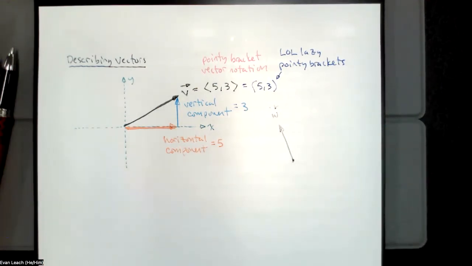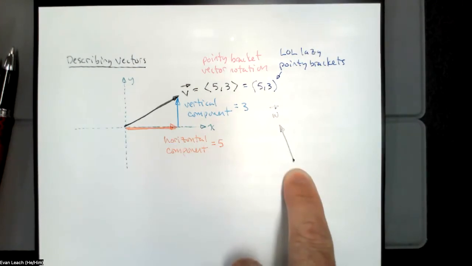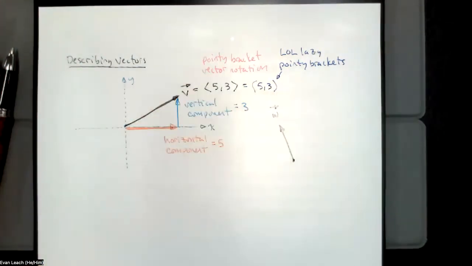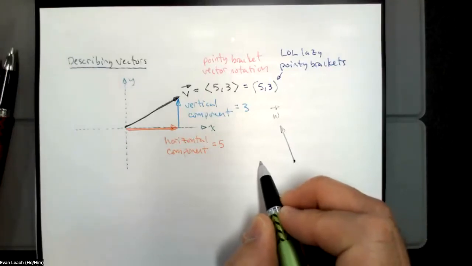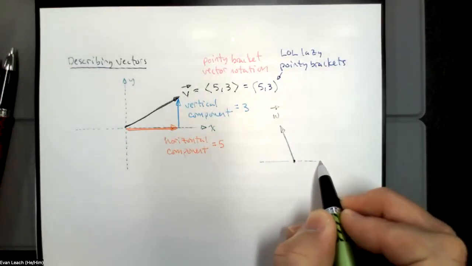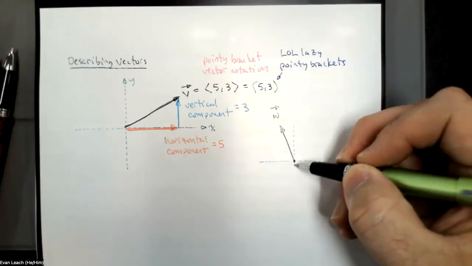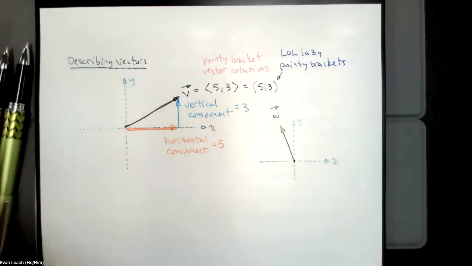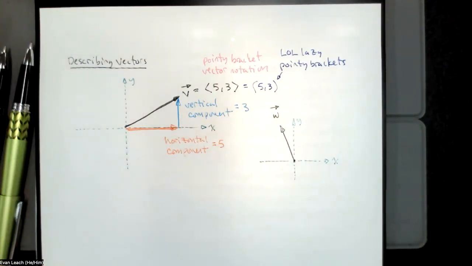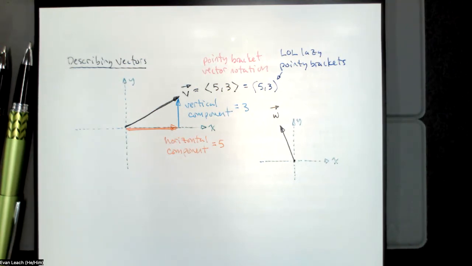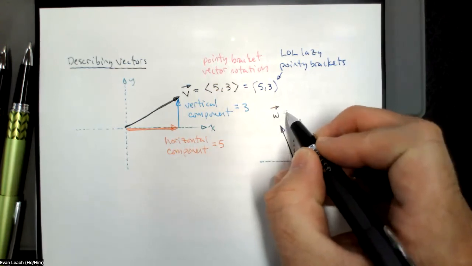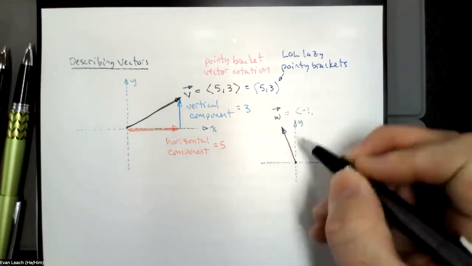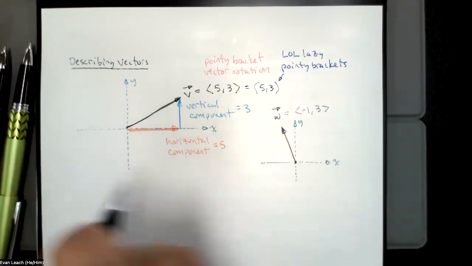And so to describe that, I go to the starting point of this vector and I grab my coordinate system and slide it over here. And then use that to describe this direction, with the understanding that both of these vectors are using the same orientation, horizontal and vertical. So this vector looks like it's going to be -1 in the x direction and 3 in the y direction.